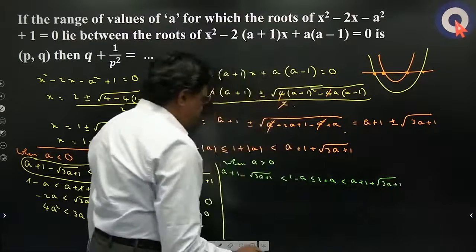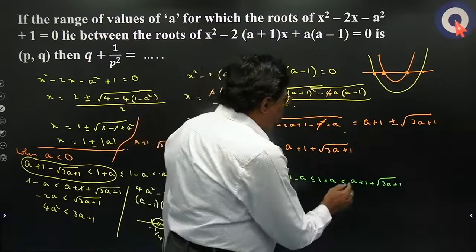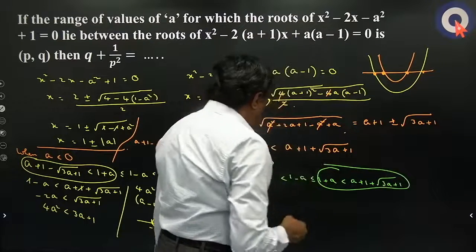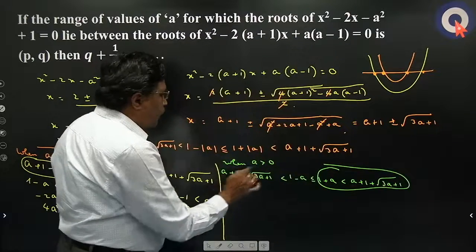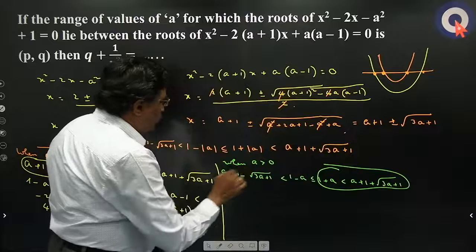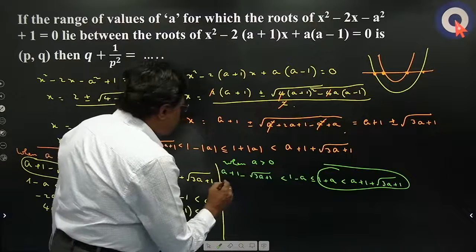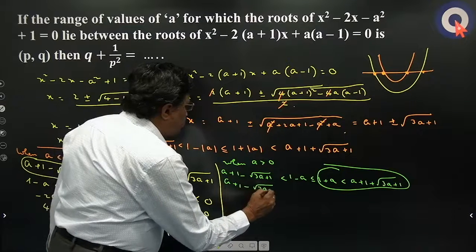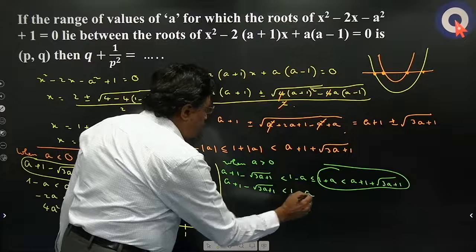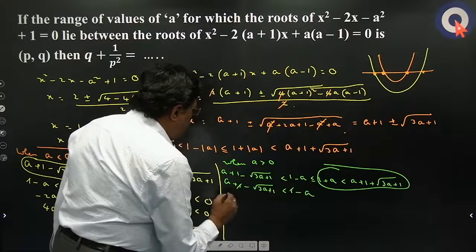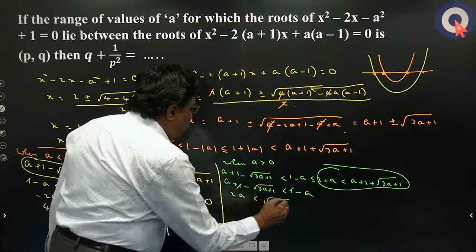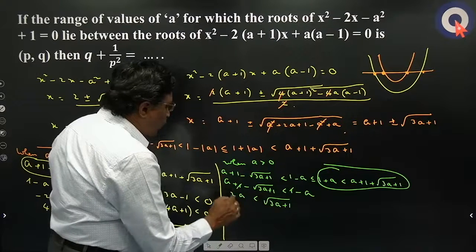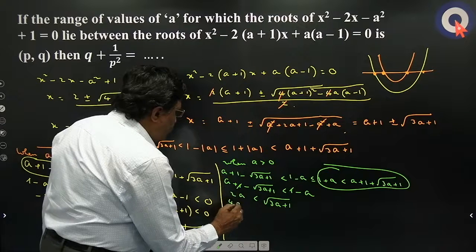So this is 1 plus a less than 1 plus a plus root of 3a plus 1, which is again valid always. So therefore, we can ignore that and need to concentrate only on this part. So here a plus 1 minus root of 3a plus 1 is less than 1 minus a. You can cancel this one and you have 2a less than root of 3a plus 1. You can see here, since a is positive, both sides are positive, you can go ahead and square it.